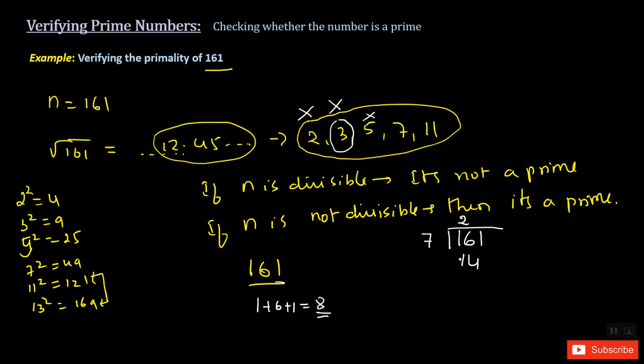I can't go with 7 times 3 because 21 is greater than 16. You have to choose the number which is smaller than the number which you are talking about, that is 16. Then after choosing this, you have to subtract. So 6 minus 4 is 2, 1 minus 1 is 0.